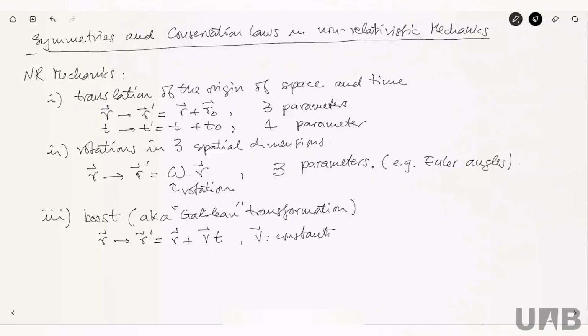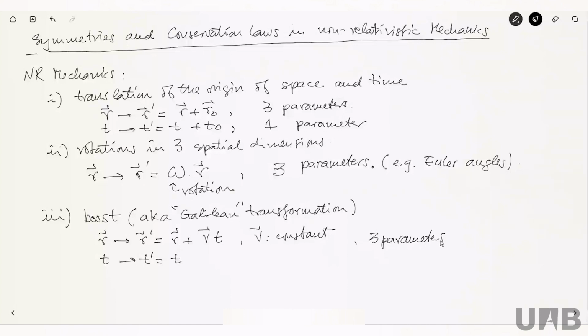So that's a change of reference frame, and time we don't change. Time stays exactly the same. So how many parameters do we have for a boost? 3 parameters. Each and every one of the components of the relative velocity between the two systems.